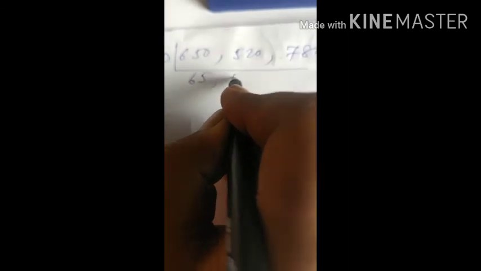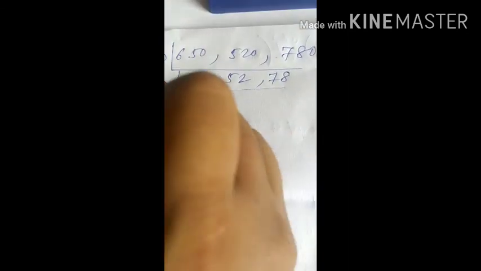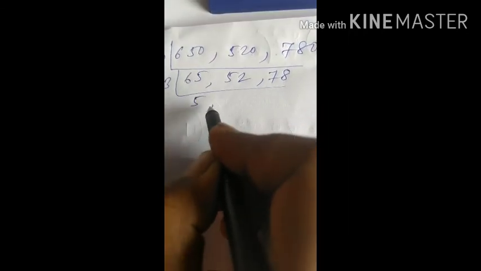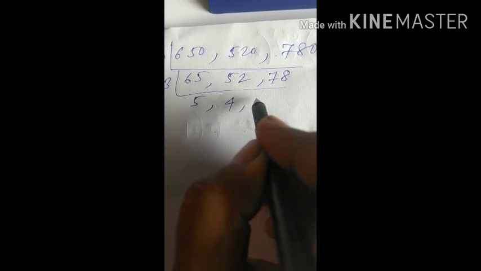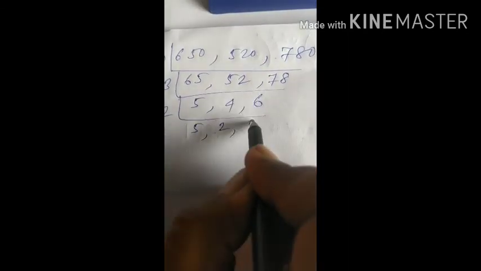So here at first 10, 6 5, 5 2 and 7 8. Now 13 will be the common, 5 13s are 65, 4 13s are 52 and 6 13s are 78. Now 2 will be the common, 2 2s are 4, 3 2s are 6.